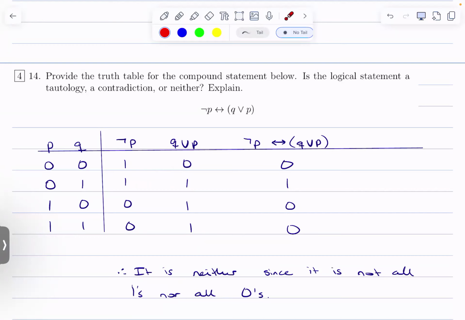You can bounce between two zeros or between two ones. Everything else is a 0. No halfsies. And it's neither. The explanation is, since it is not all 1s nor all 0s.